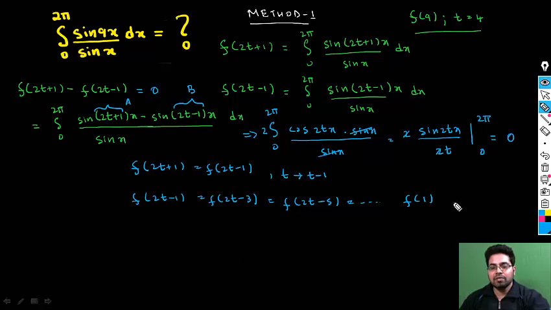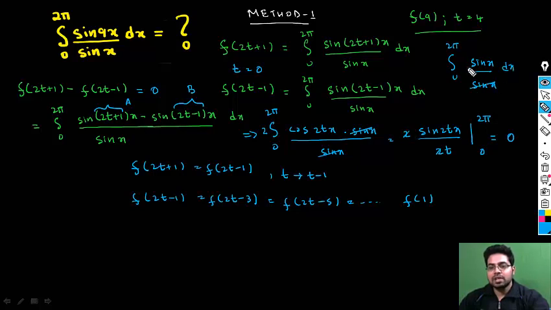To get f of 1, I need to put t equals 0. So if I put t equals 0, my integration then becomes the integral from 0 to 2 pi of sine x by sine x dx.